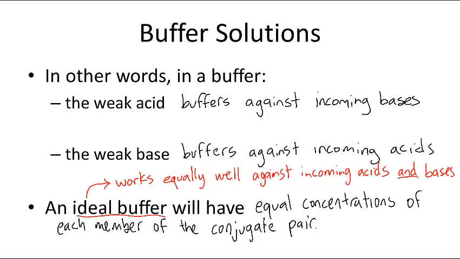So this isn't always the case, but usually when you start to design a buffer, this would be your baseline. Let's see if I can make a buffer with equal concentrations of both, because then it'll work equally well in both directions.